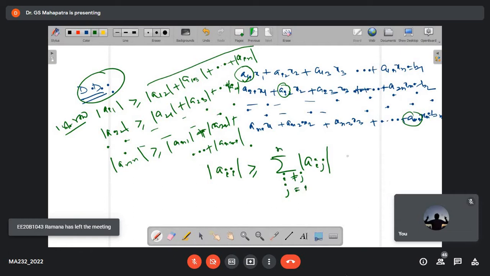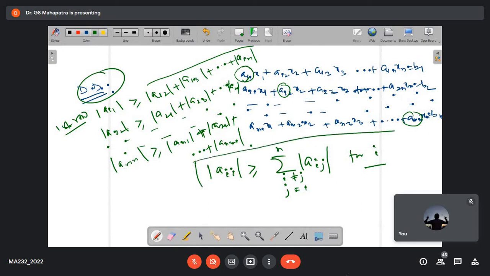It should be true for all i. This is the mathematical expression for the diagonally dominant property. Is it clear?